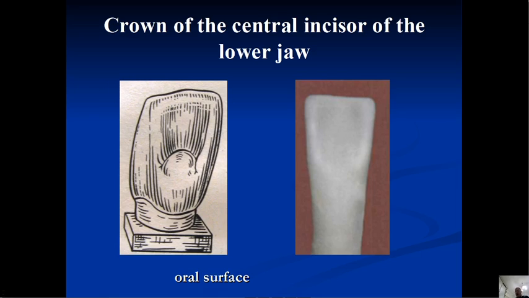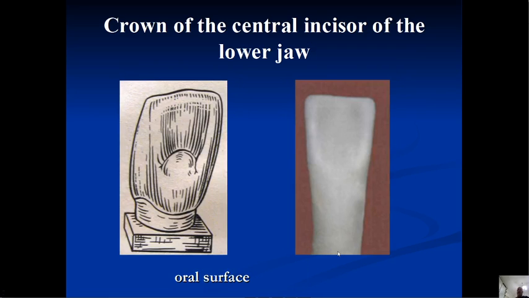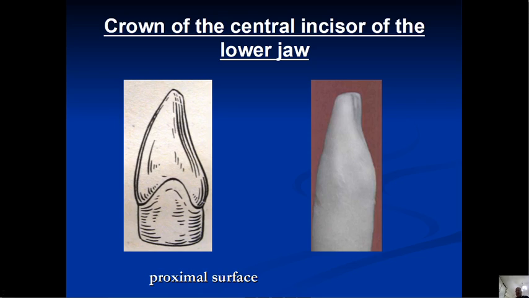Here, when you see it from the oral surface, or from the palatal or lingual surface, all of them are called oral. You can see that they have this curve. It's very important, because if and when you're going to make an artificial crown, you need to follow this curve.